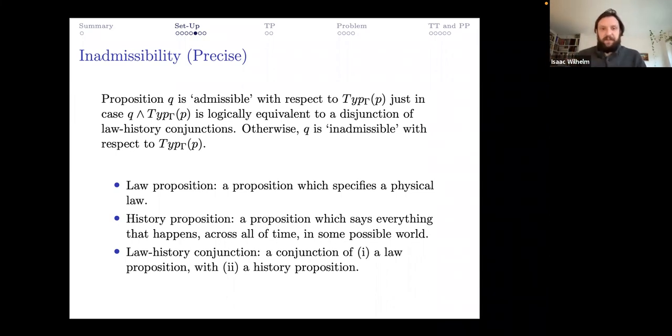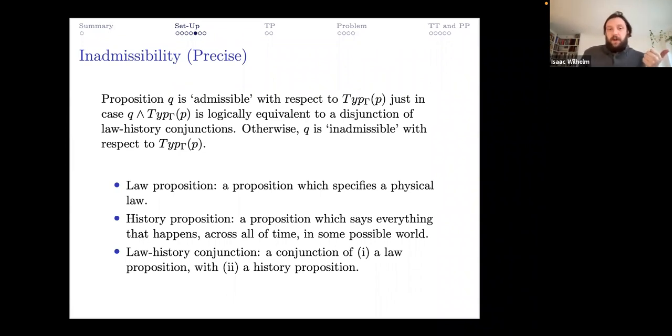So what this account of admissibility is saying is the following: for Q to be admissible with respect to the fact that P is typically true in gamma is just for it to be the case that the conjunction formed from Q and that typicality fact is logically equivalent to a big disjunction that reads like this.